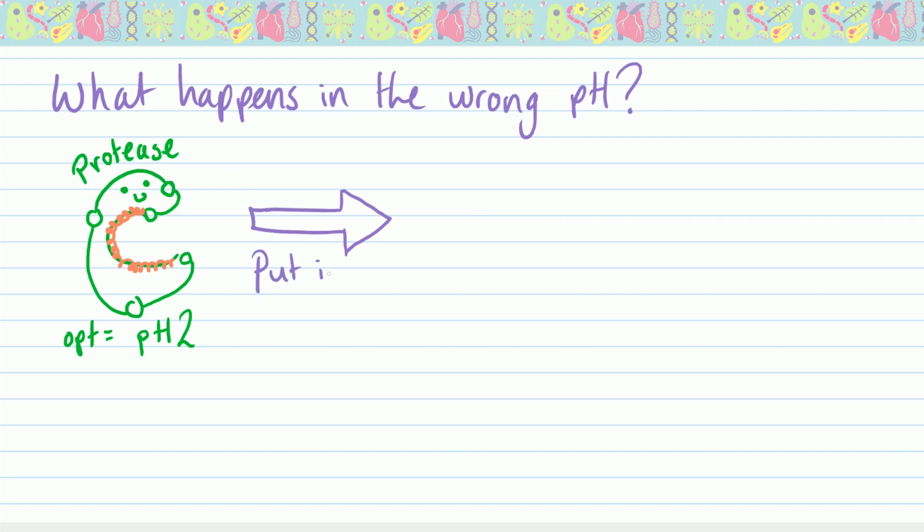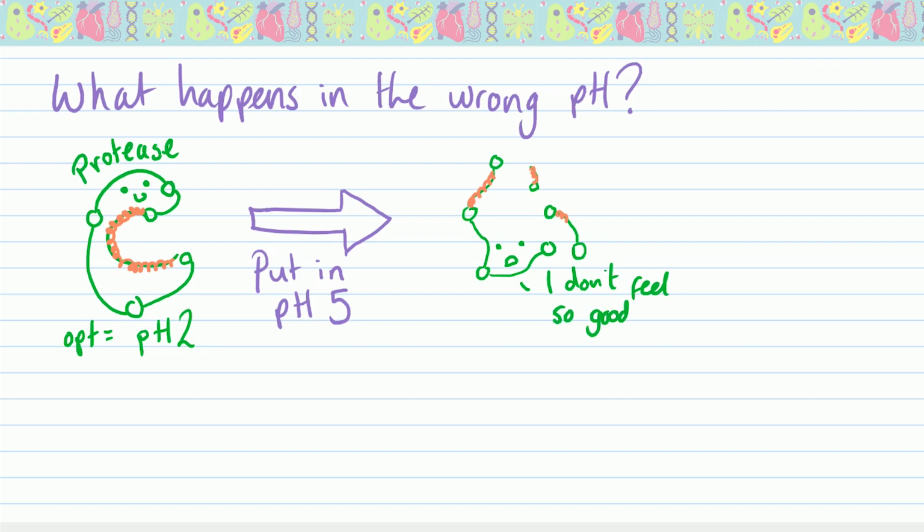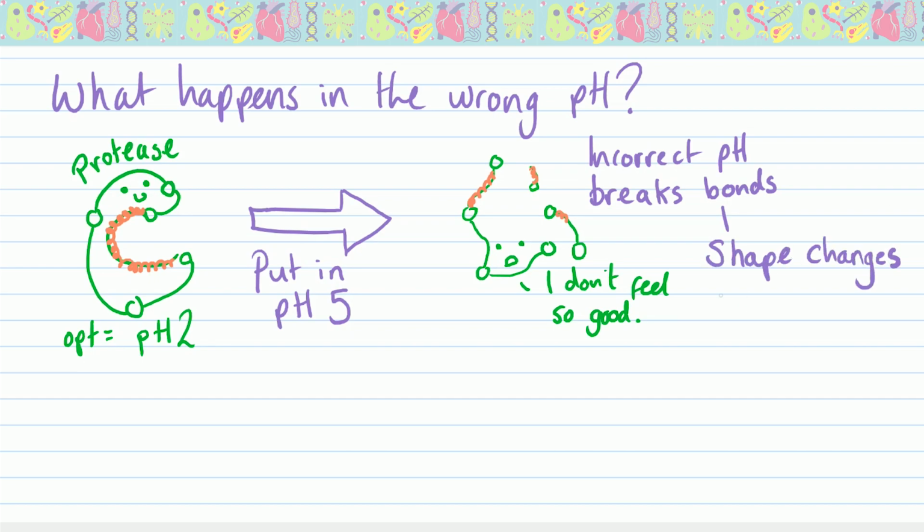We're going to put it in pH 5. And look, what's happened is the bonds have been broken again. Something about these conditions has caused those bonds to break, and now this enzyme isn't going to work anymore. So this enzyme has been denatured.